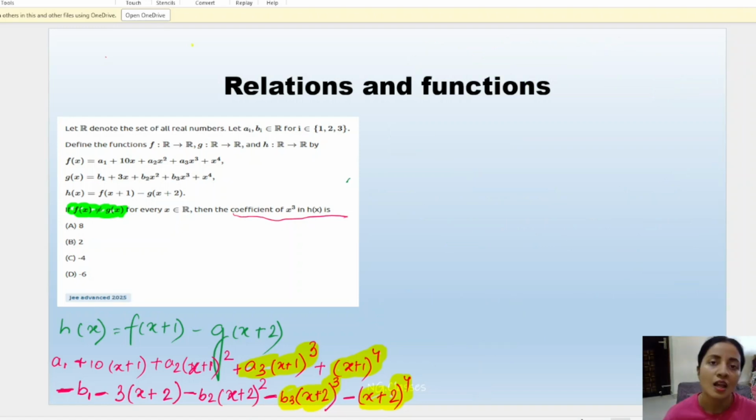Let's write the coefficients now. We have a3 (x+1) whole cube. From here one and only one term will be the coefficient of x cube, that is a3 x cube. So the coefficient will be a3.